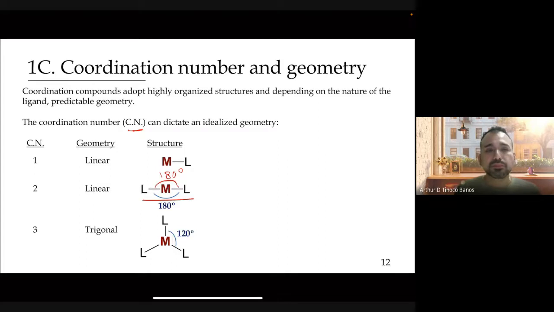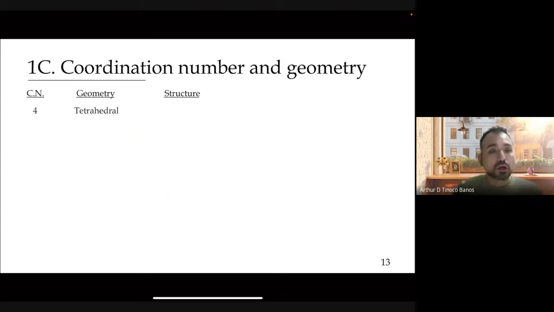Now let's go to coordination number 4. Now here it gets a little bit more complex, where you have 2 possibilities. One of the possibilities is tetrahedral, as we already mentioned, right? So let's have a representation of a drawing that is tetrahedral. Now again, I will call your attention that you should not look at this drawing as something that is flat. It is not flat.